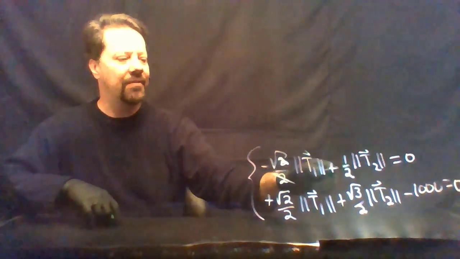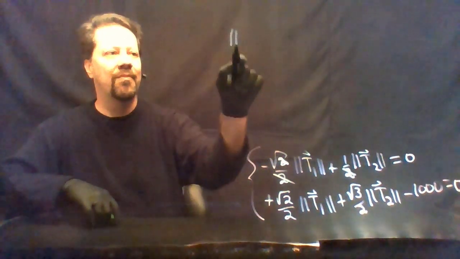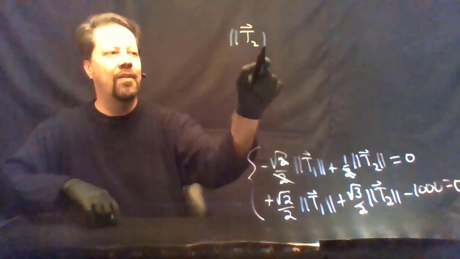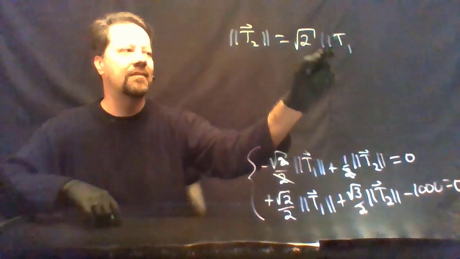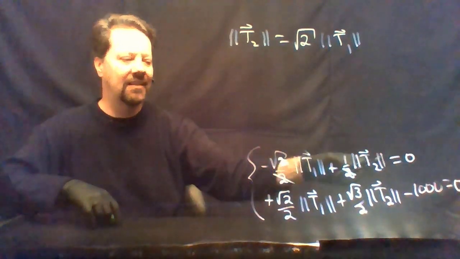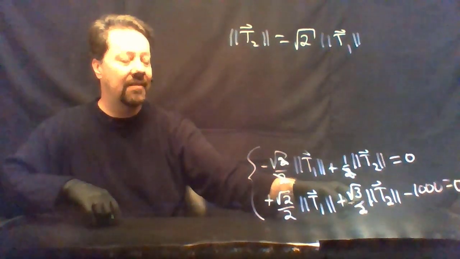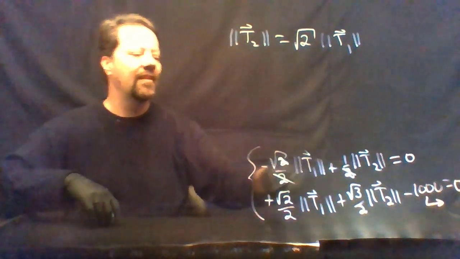Multiplying the first equation through by 2, we can solve for the norm of T2. The norm of T2 is the square root of 2 times the norm of T1. We can substitute this into the second equation. First I'll move this over.